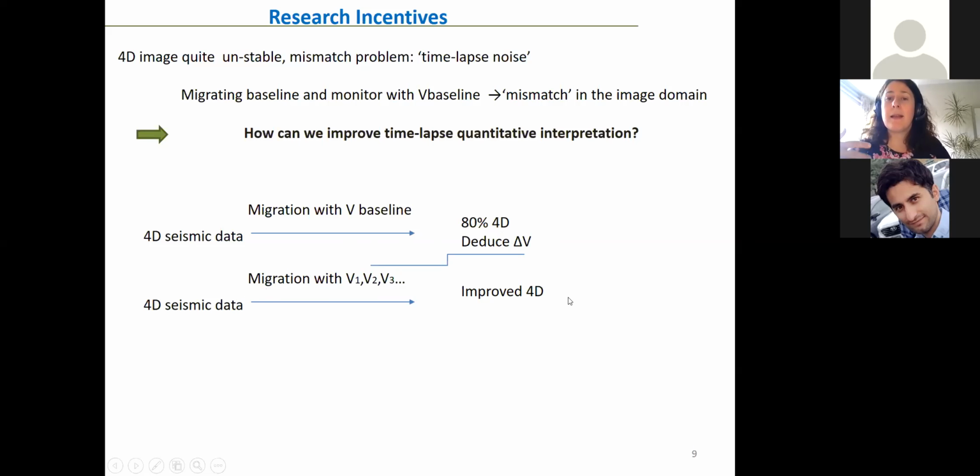So in theory, you can do this in an iterative way. And at some point, if you keep doing that, you're really not going to improve your 4D much because you've reached, let's say, the limit of updating your velocity. The problem with this recipe is that there are two reasons.